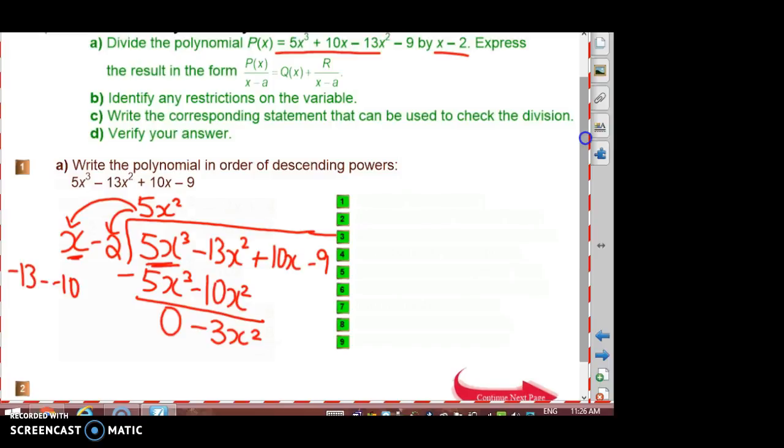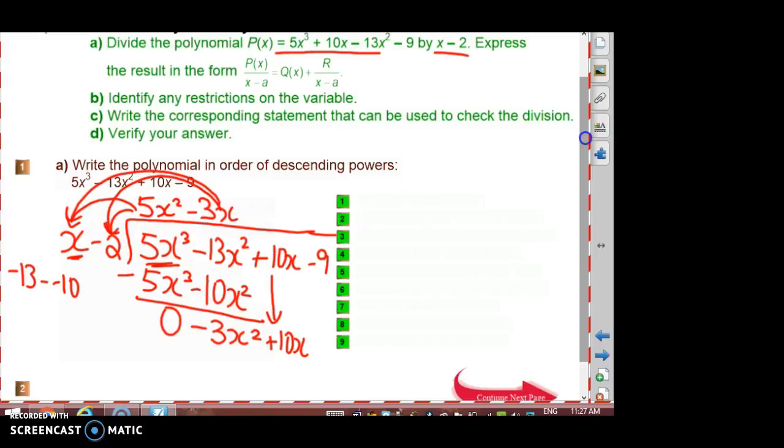Okay, so then in long division, we always bring down a number and then we start again. So how can I make this x look like a negative 3x squared? What would I need? I need a negative 3 and an x, because when I multiply them, this guy goes to him, this guy goes to him.